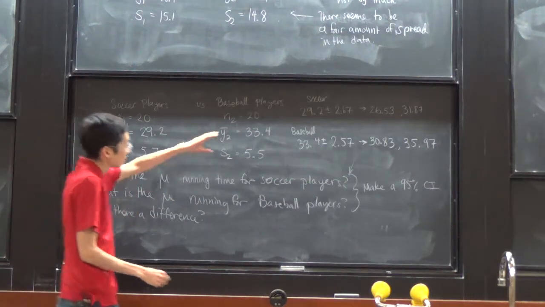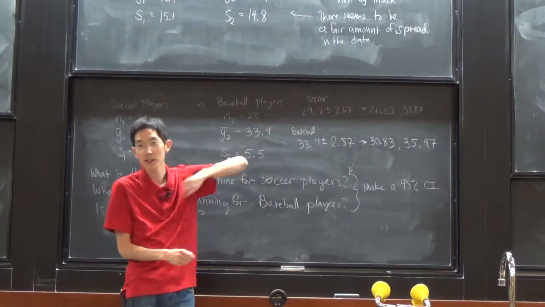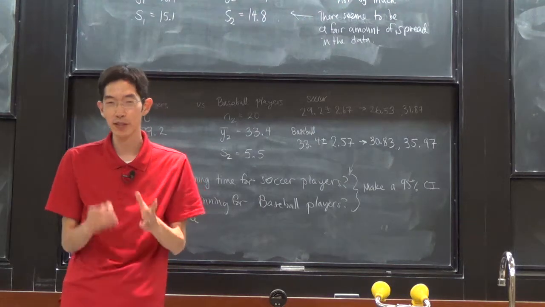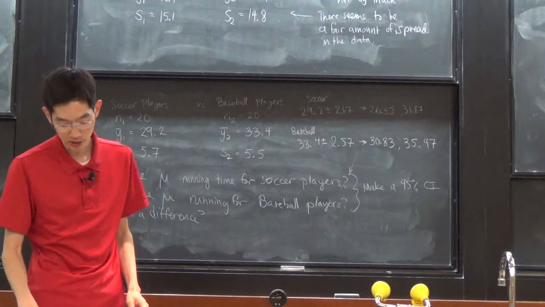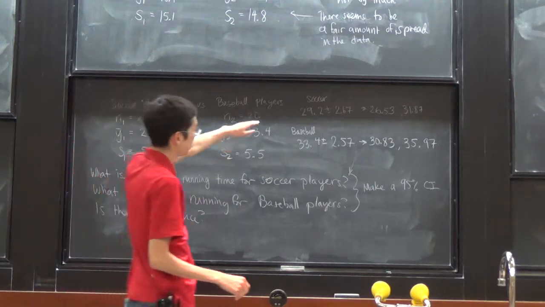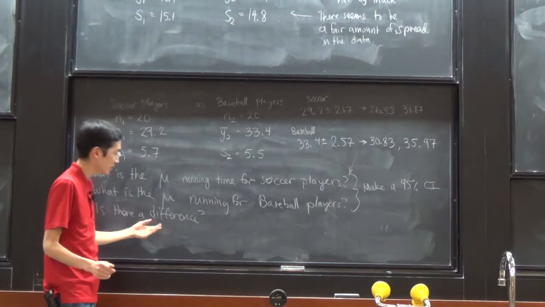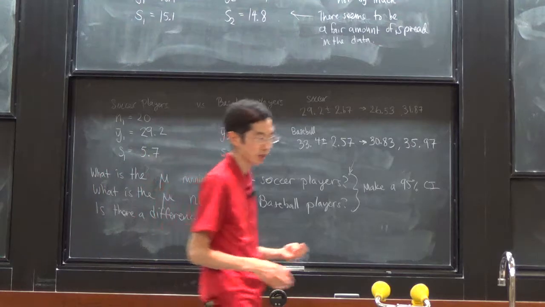So these confidence intervals are valid for finding a value of mu. When you look at one variable at a time, this is how we would make these confidence intervals. But this question of is there a difference is asking something else entirely.